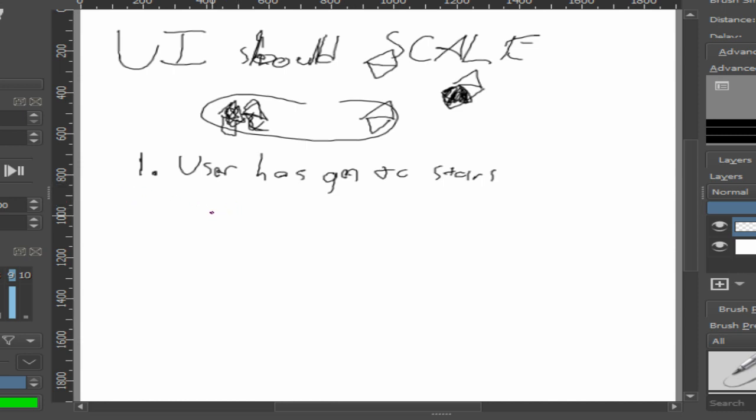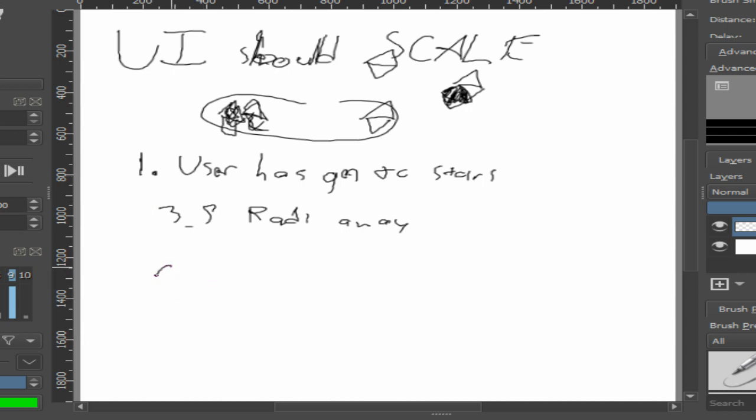So the user has to stop, let's say, 3.5 radii away. This required some complication. I had to learn, I guess, raycasting. So to my understanding, this is what Unity does.